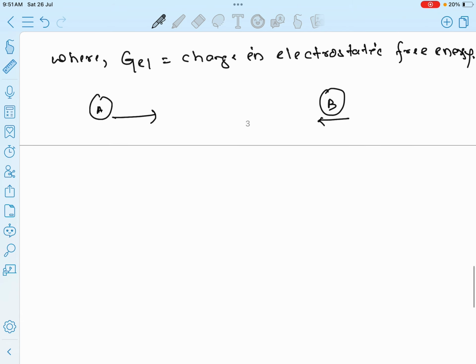So there will be an associated free energy with the A ion and also the B ion, and also an associated free energy with respect to the activated complex which is formed there.